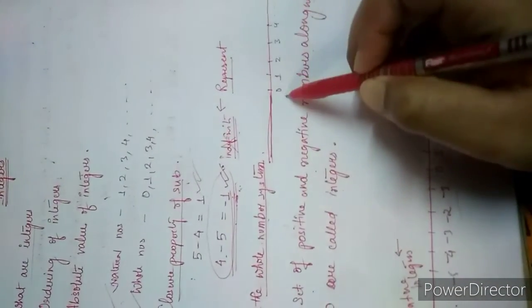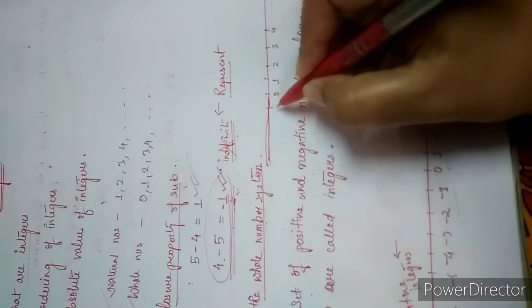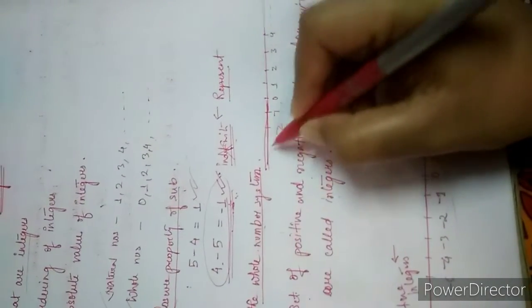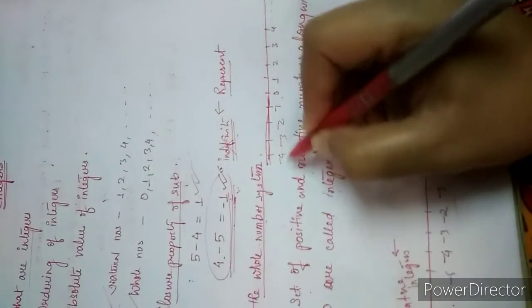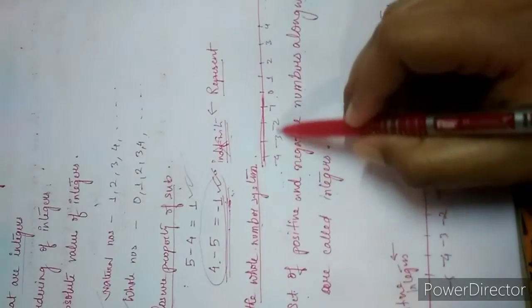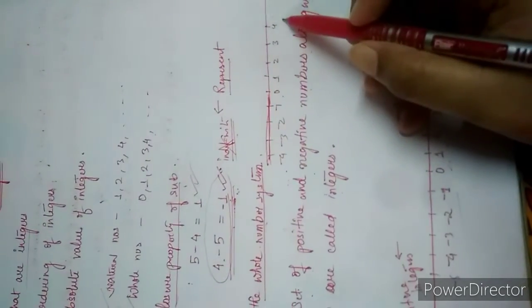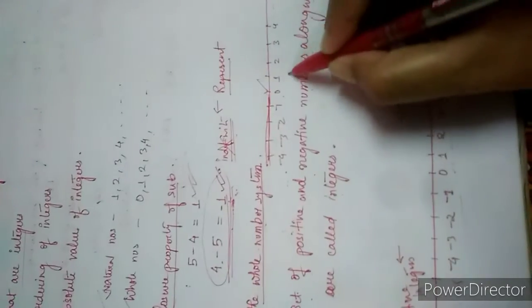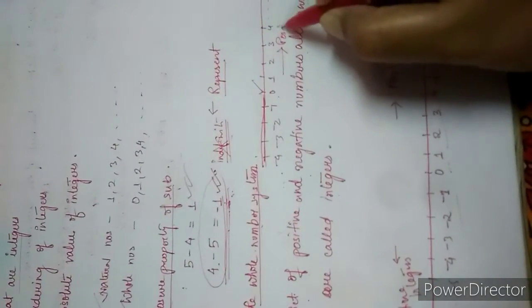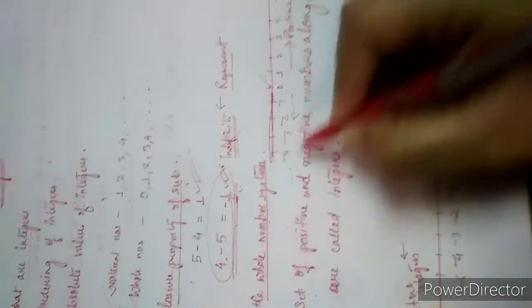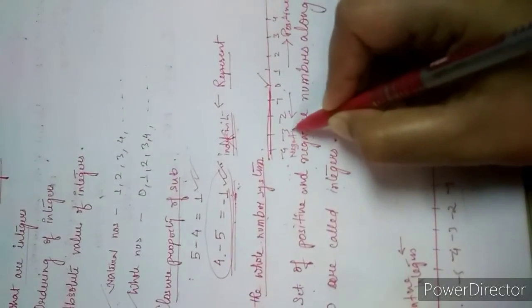How will we write it? Here we will write -1, -2, -3, -4 and so on. This is how we represent integers on the number line. 0 is there, this side all the positive integers and this side all the negative integers.